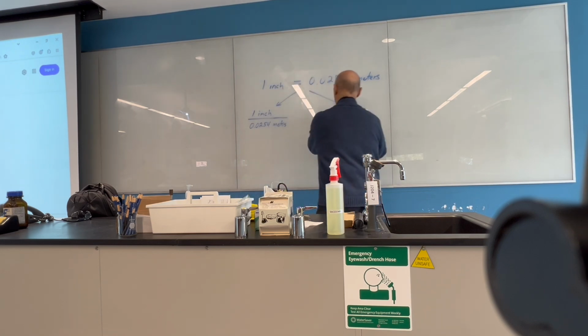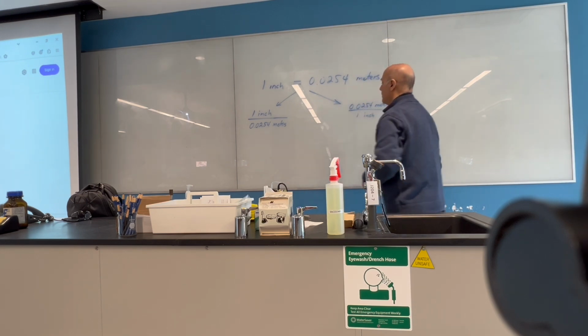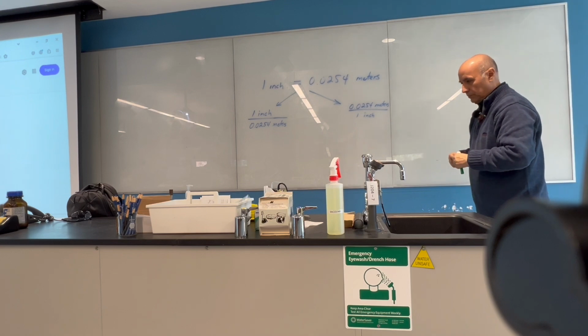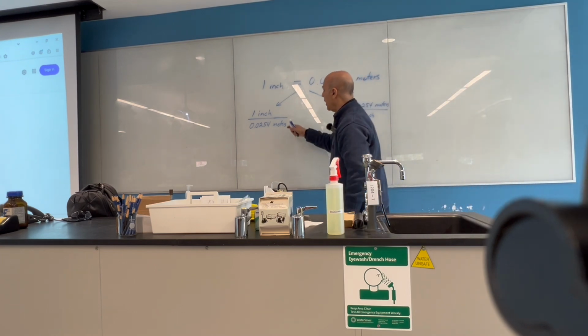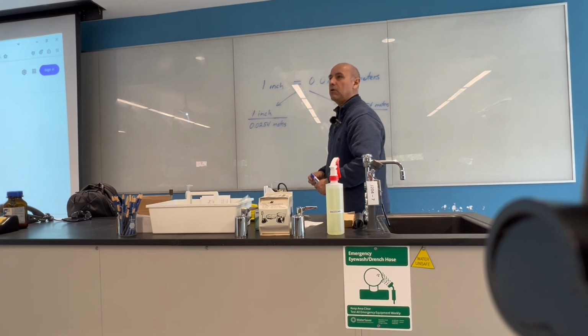Or I write it over here in the reverse way, 0.0254 meters divided by 1 inch. If I were to ask you to calculate the value of that proportion, of that fraction, what would your answer be?